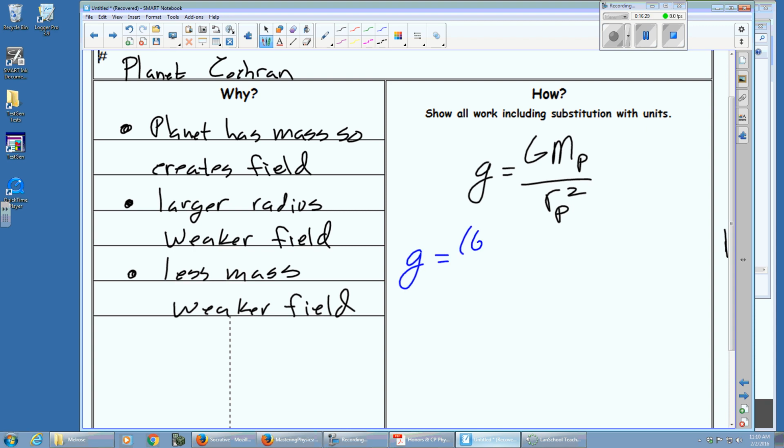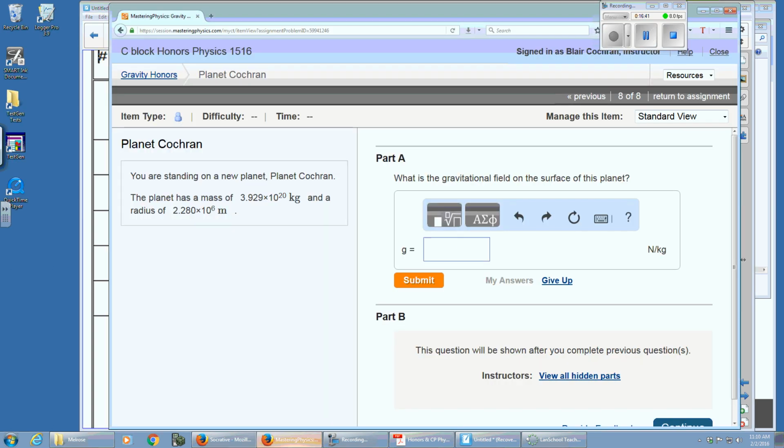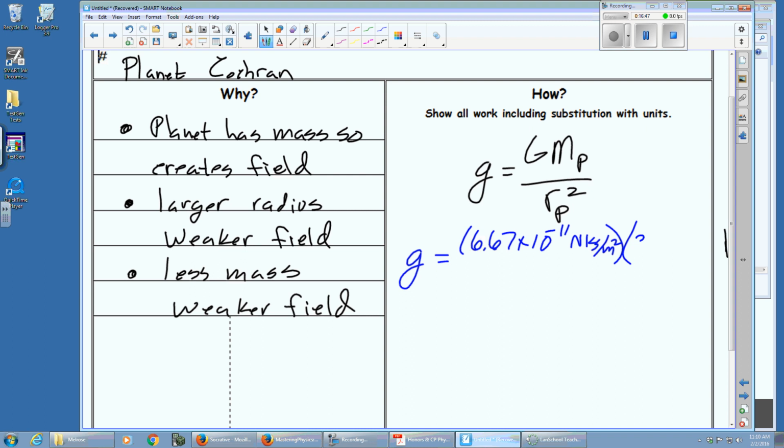So big G, I looked it up earlier, 6.67 times 10 to the negative 11 Newton kilograms per meter squared. Mass of the planet, 3.929 times 10 to the 20th kilograms. I'm getting jammed for space, sorry about that.